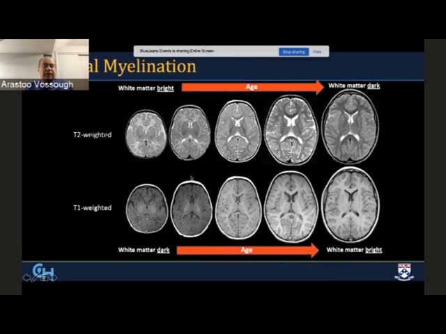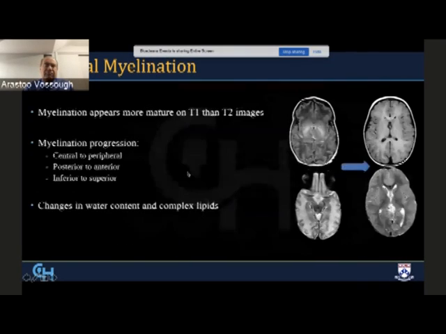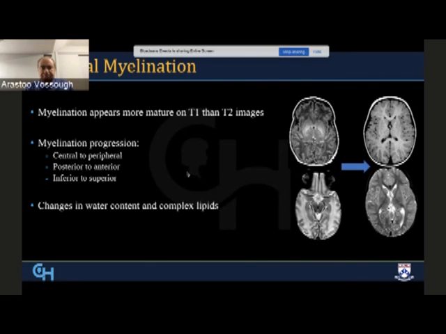Now, the progression of myelination goes through certain recognizable steps, and there are landmarks for different stages, as different parts of the brain from the neonatal period gradually myelinate within a certain tolerance.